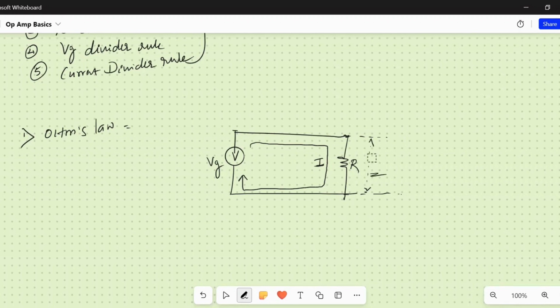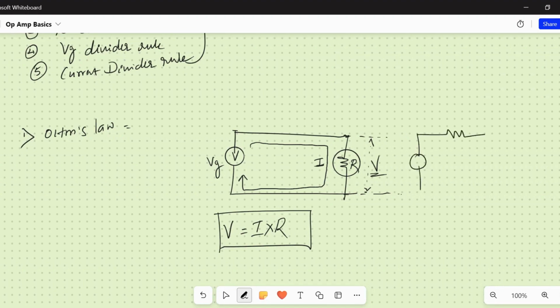Let us say it's the voltage drop, you can call it V. According to Ohm's law, if we multiply this current by the amount of resistance posed by this resistor component, it is equal to the voltage drop. Either you can apply it to the whole circuit or you can apply it to the individual component.